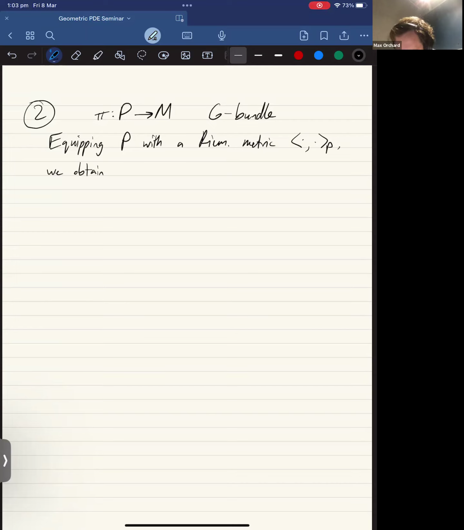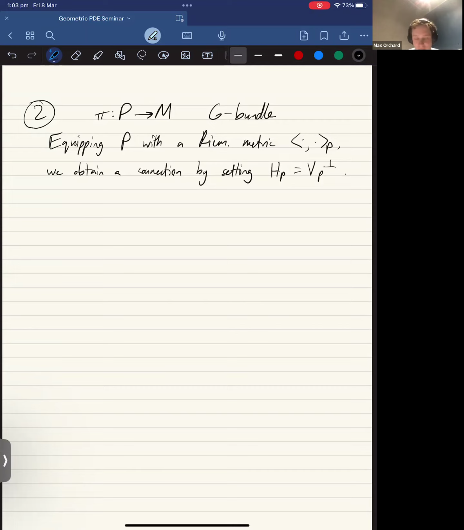We obtain a connection by setting the horizontal space at a given point to be just the orthogonal complement of the vertical space. And this obviously splits. This is a connection. However, it's not necessarily a principal connection. It might not be G invariant.